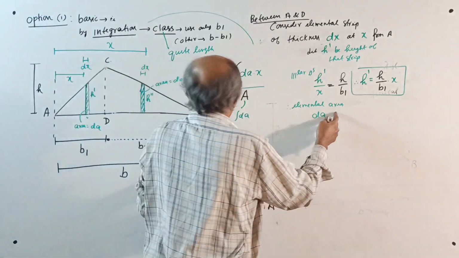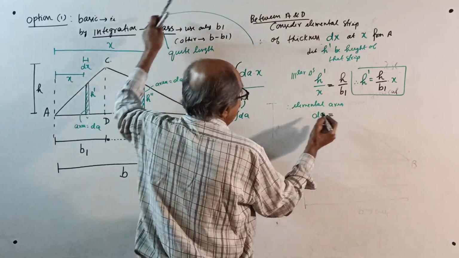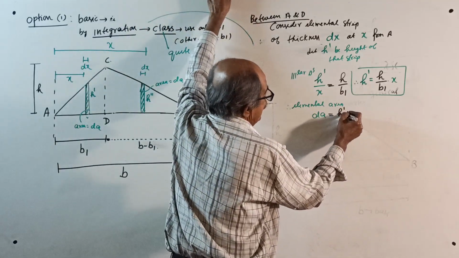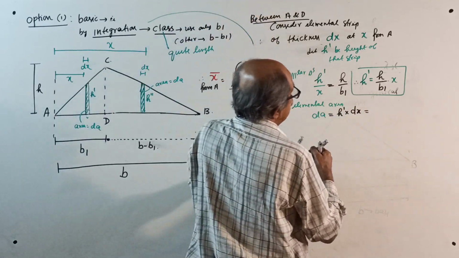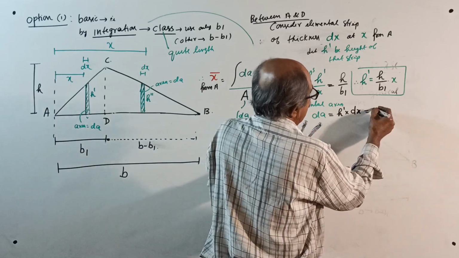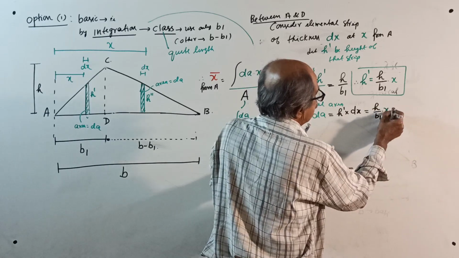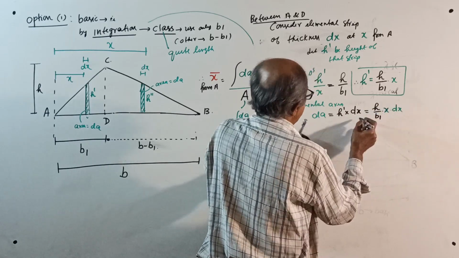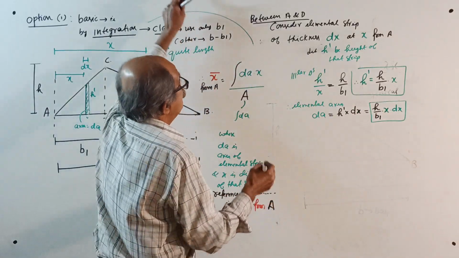The elemental area dA for that strip equals h dash into dx, where h dash is h by b1 into x, so dA equals h by b1 into x into dx. Over. Now, the same way.